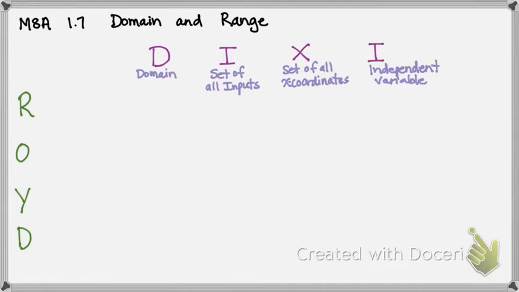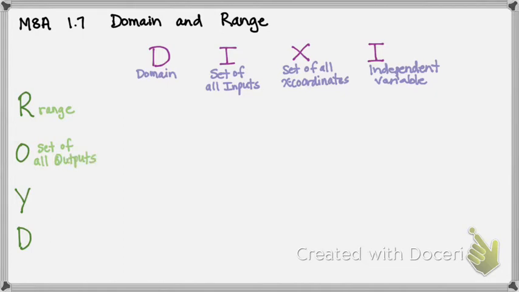All right, so let's talk about Royd. Well, if D stands for domain, then R stands for range. Okay, and we do have a different kind of range in math as well. Range can be the difference between your highest and lowest, but this is different. This is just talking about a set of numbers. So the O stands for the set of all outputs. Make that capital.